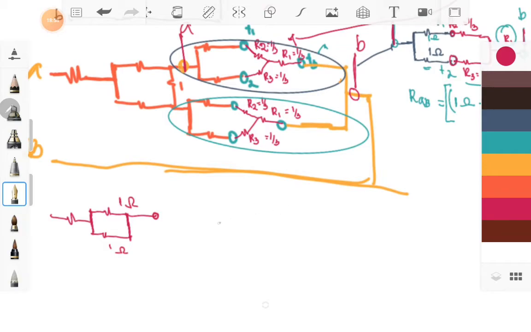So, tatanggalin natin yan. This is your terminal AB. Same as this terminal. So, let's say this is also my terminal A prime, or my A prime is equal to my A and my B prime, terminal B prime. Para hindi na tayo malito mamaya. Kasi equal lang yung value ng resistor nila kasi parehas sila ng value yan.